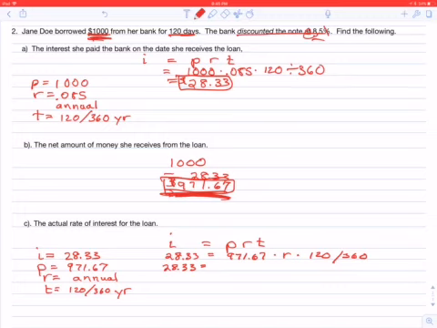So when I multiply the 971.67 times 120 divided by 360, I get 323.89 R. So solve for R, divide both sides by that 323.89.